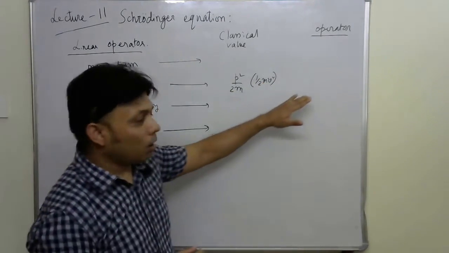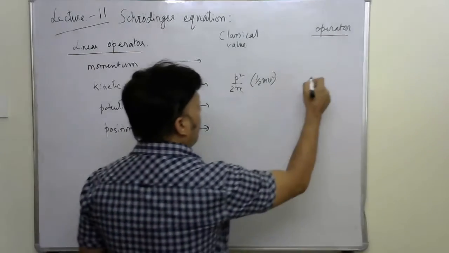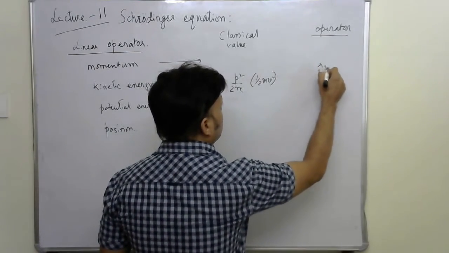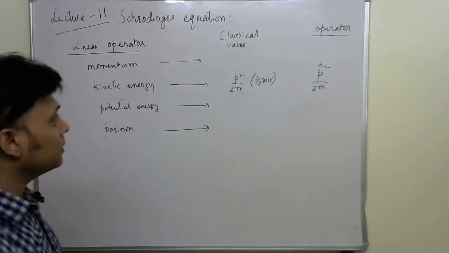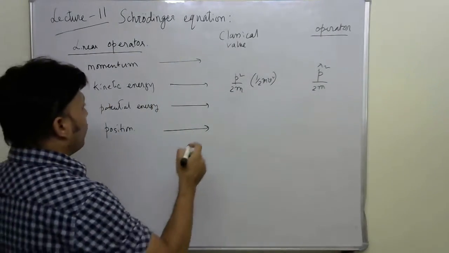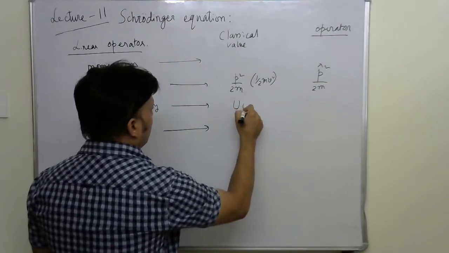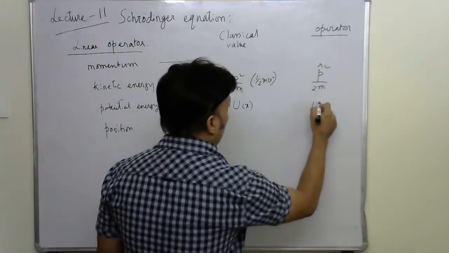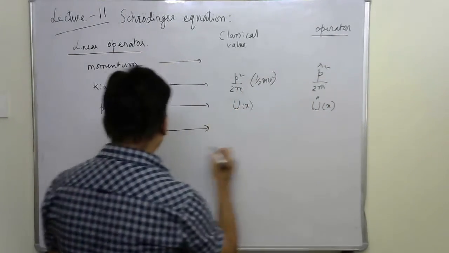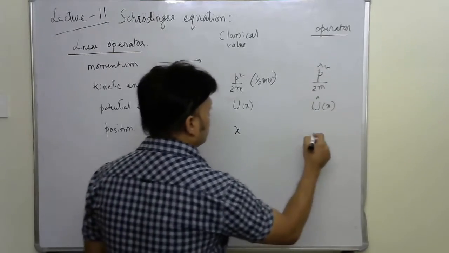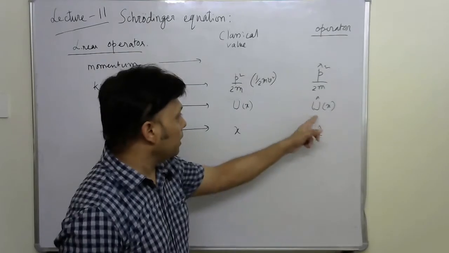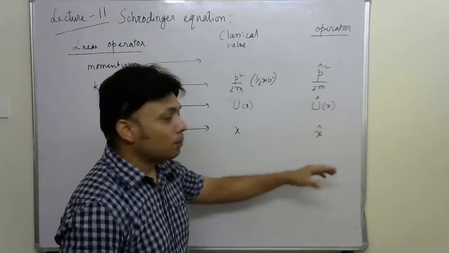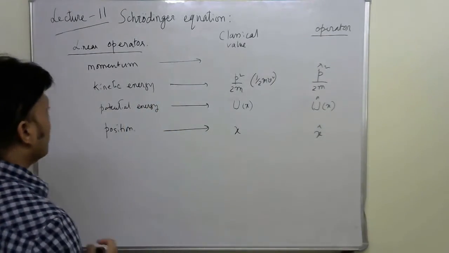How does the operator stand? The operator stands for p cap square divided by 2m, where p cap represents the operator. And for potential energy, U of x, the operator stands for U. For position x, the operator is x cap. So this means simply that these are multiplicative operators.